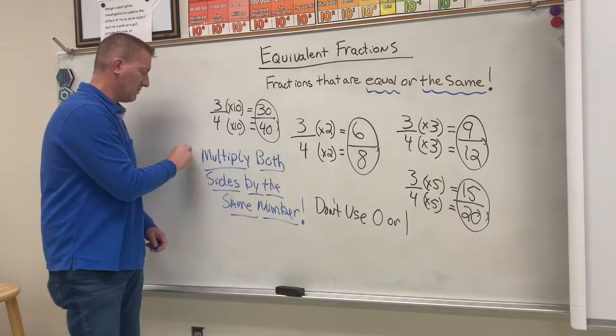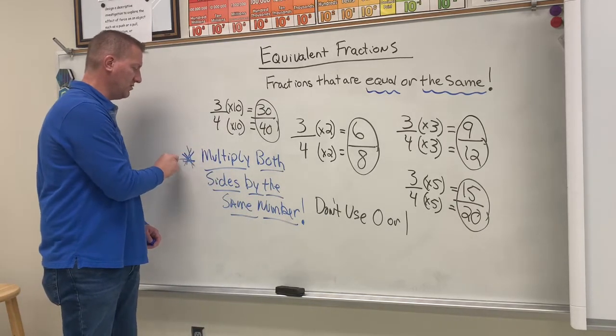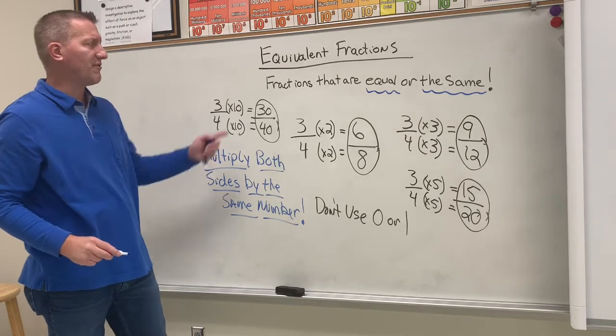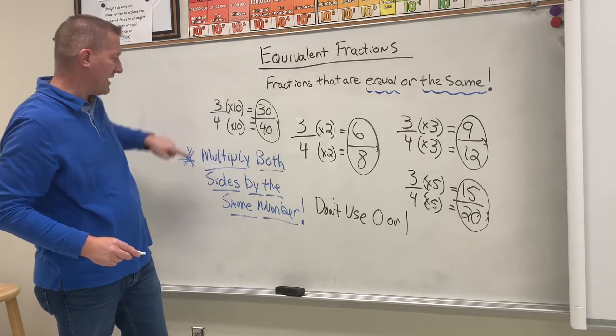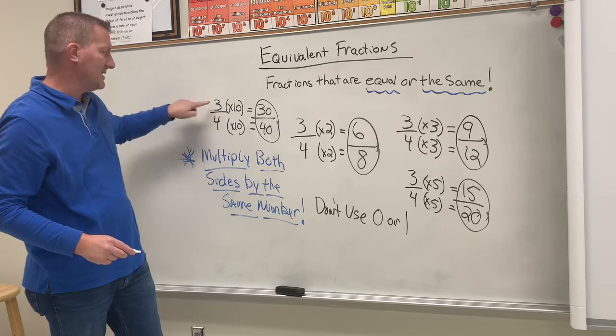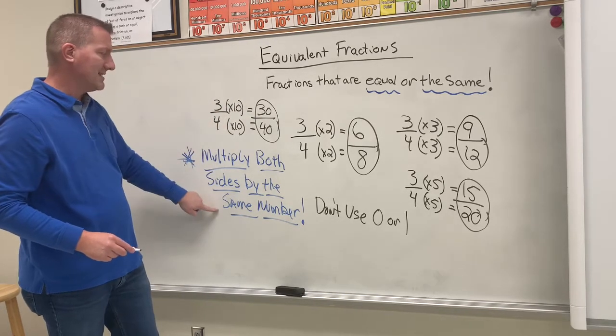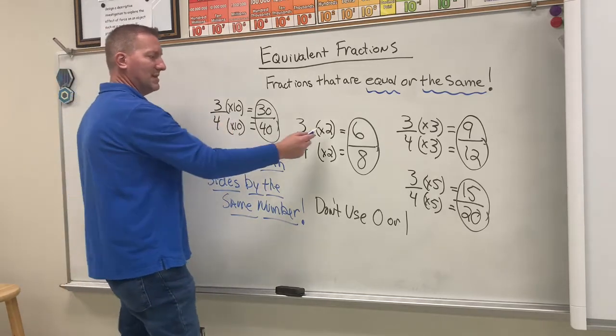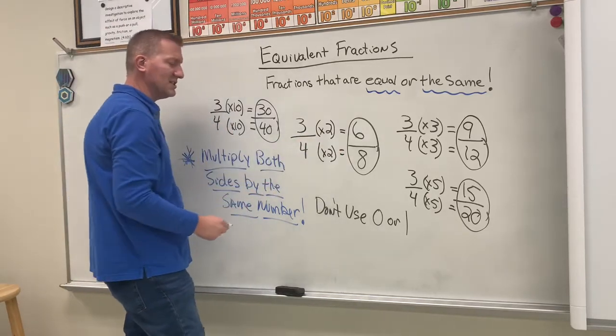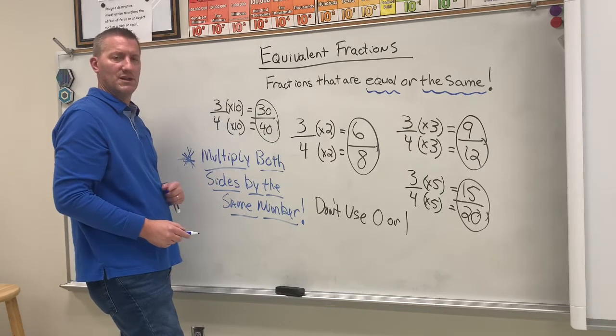That's the rule. That's the rule that we want to use. So to find equivalent fractions, you multiply the sides, the numerator and the denominator, by the same number, by the same thing. Okay? As long as you do that, you'll come out with an equivalent fraction.